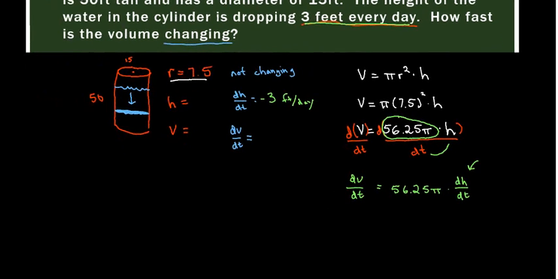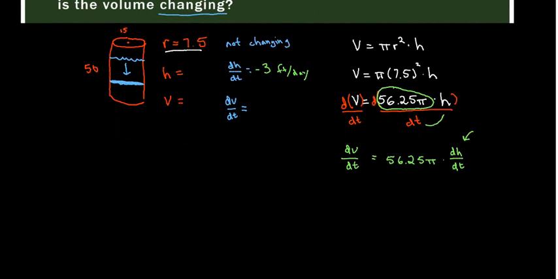So we have 56.25 pi times negative 3, which multiply those together, 168.75 pi, which if you want to multiply by pi on your calculator, go ahead.